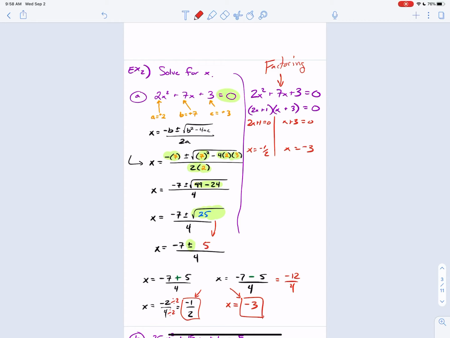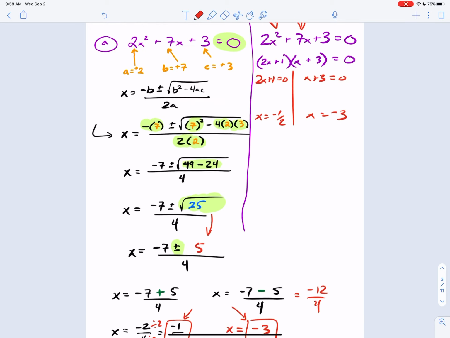So what you guys have to keep in mind is, are all quadratic equations factorable? Okay? Sometimes your quadratic equations are not factorable. Okay? If it is factorable, then you factor it. That's probably the fastest way. Now, if you can't factor it, then you resort to the quadratic formula.